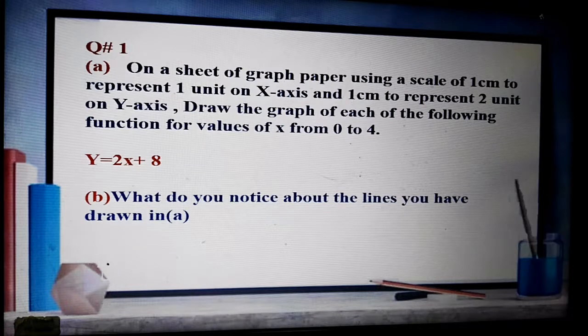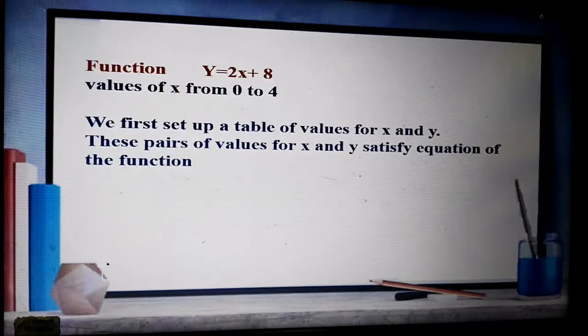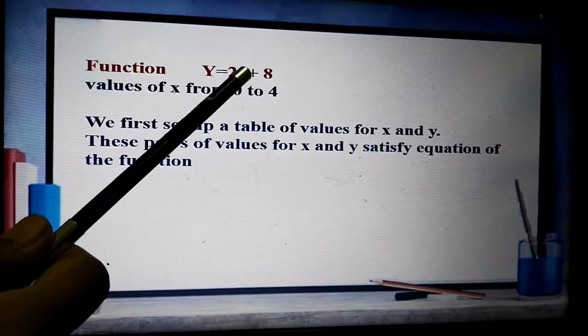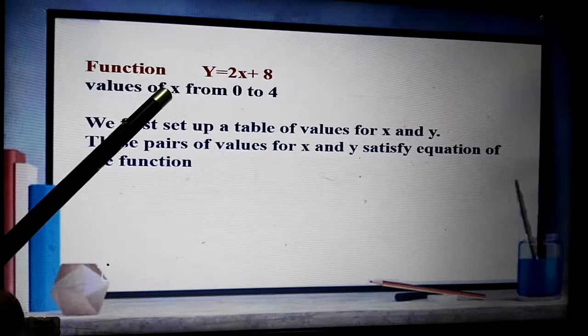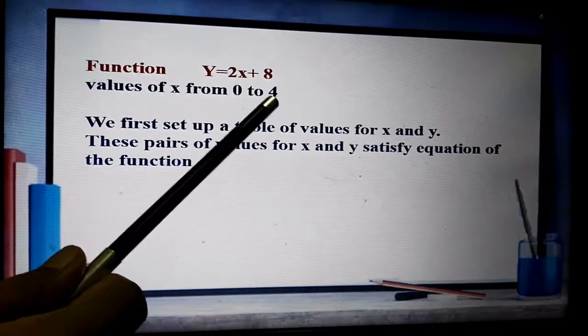Here in exercise 6A, you have learned how to solve the function. The function that is given to you is y is equal to 2x plus 8. The values given to us are from 0 to 4 for x.